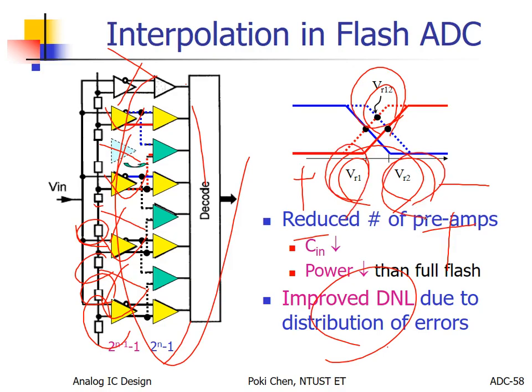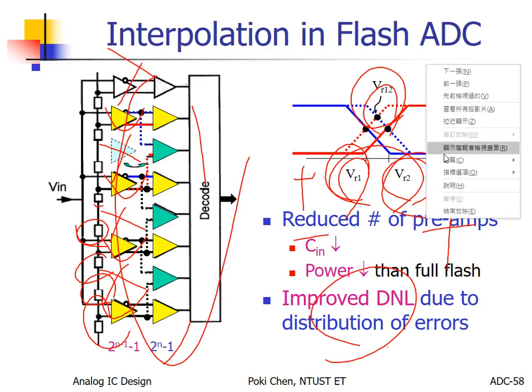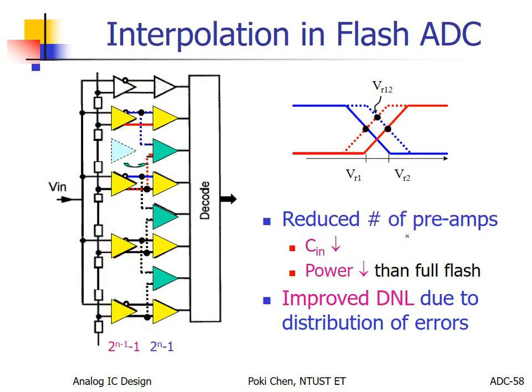Oh, who knows? Maybe you will argue that 50% of the probability is positive, positive, negative, negative. Okay, you can still reduce the error for VR1, 2. Why?